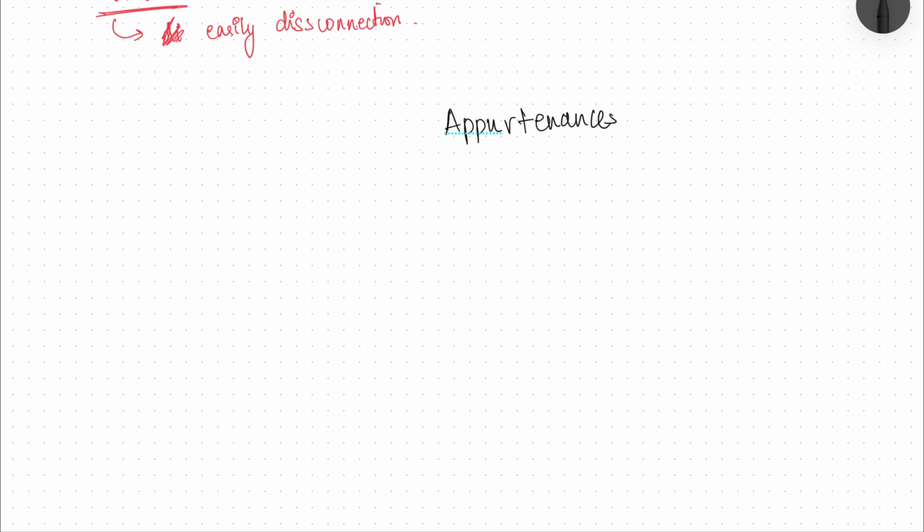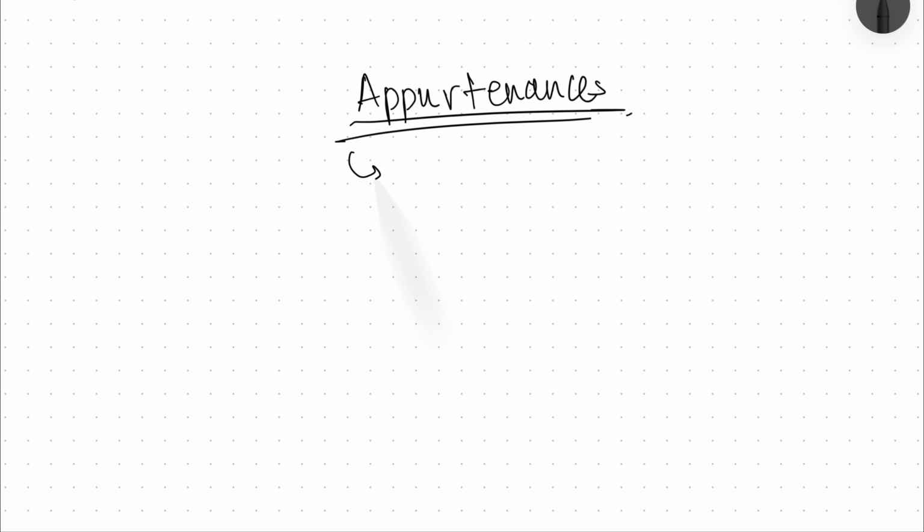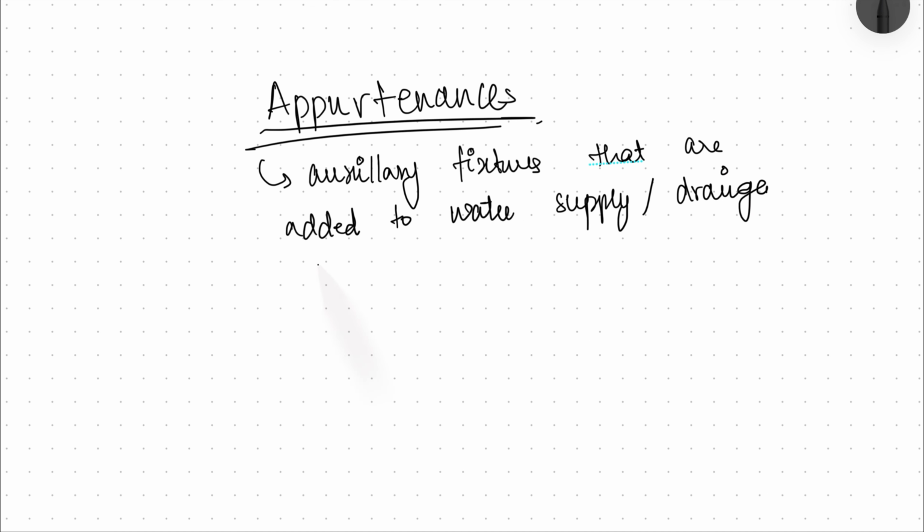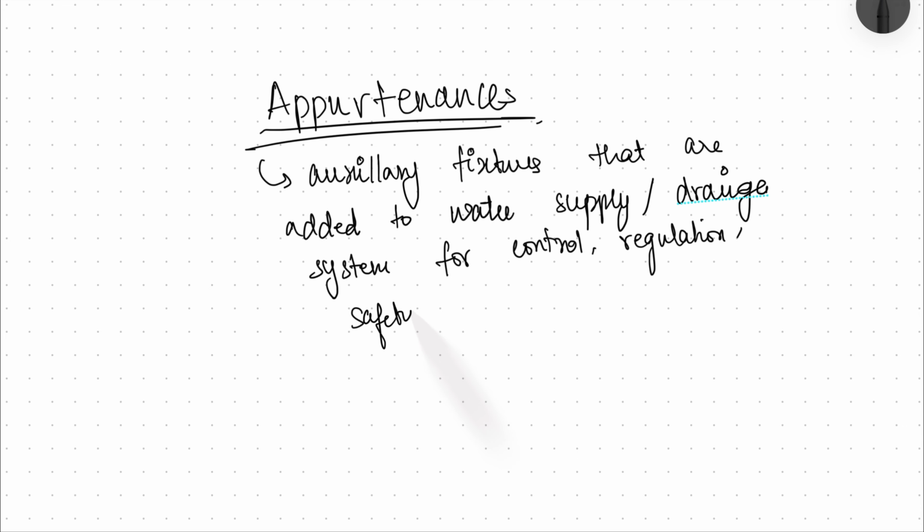Appurtenance. So appurtenances are basically auxiliary fixtures that are added to the water supply or drainage system for the control, regulation, and maintenance of the system.